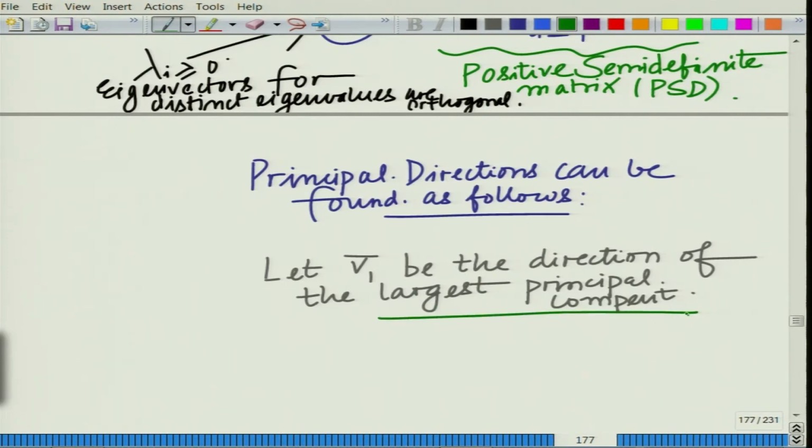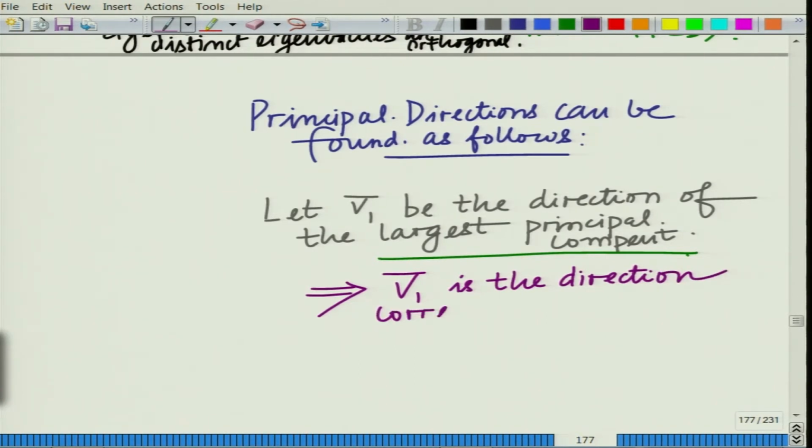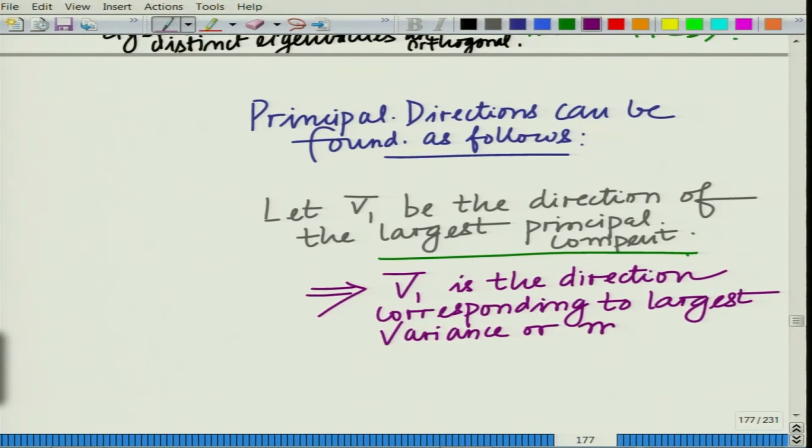So, V1 bar is the direction of the largest principal component, which essentially implies this is the direction that has the largest variance, right? V1 bar is the direction corresponding to the largest variance, or what we call the maximum spread.